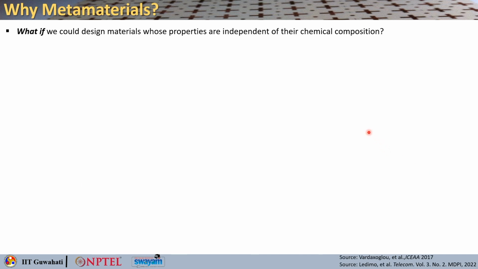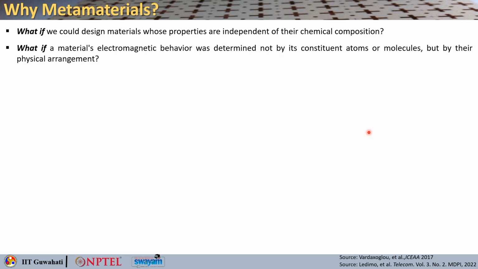But when you go for metamaterials, you can design materials with properties which are completely independent of their chemical composition, and that opens up a whole new area where you can engineer the design and change the electromagnetic behavior of that particular material.